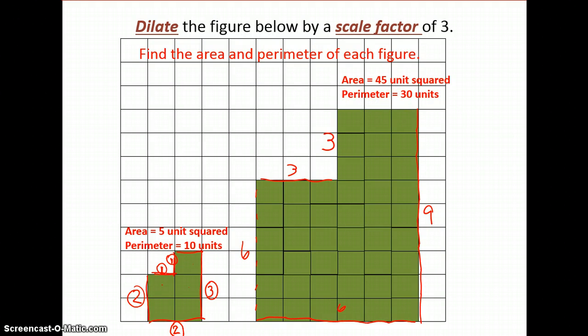Again, take note of how the area changed when I multiplied by a scale factor of 3 to enlarge my figure. How does the perimeter change? You will be asked to write observations in your summary later on in this lesson.